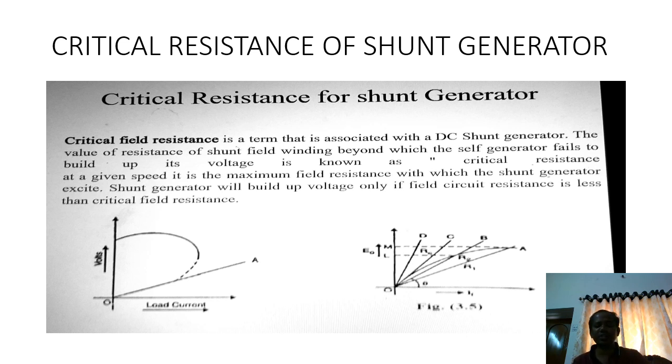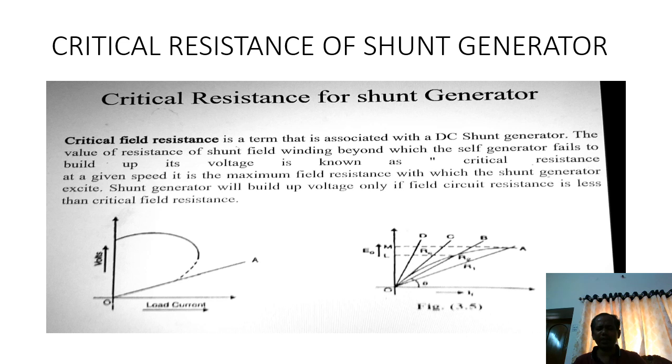In terms associated with a DC shunt generator, the value of resistance of the shunt field winding beyond which the generator fails to build up its voltage is known as critical resistance. At a given speed, it is the maximum field resistance with which the shunt generator excites.